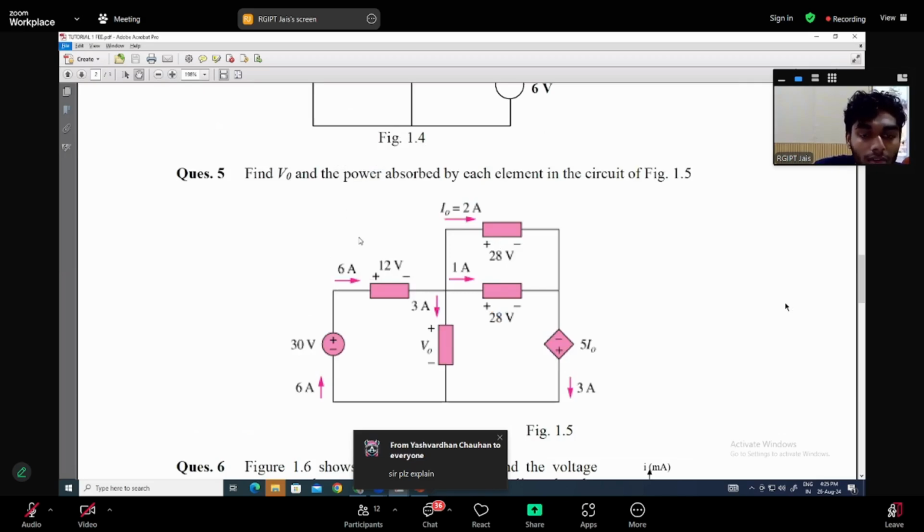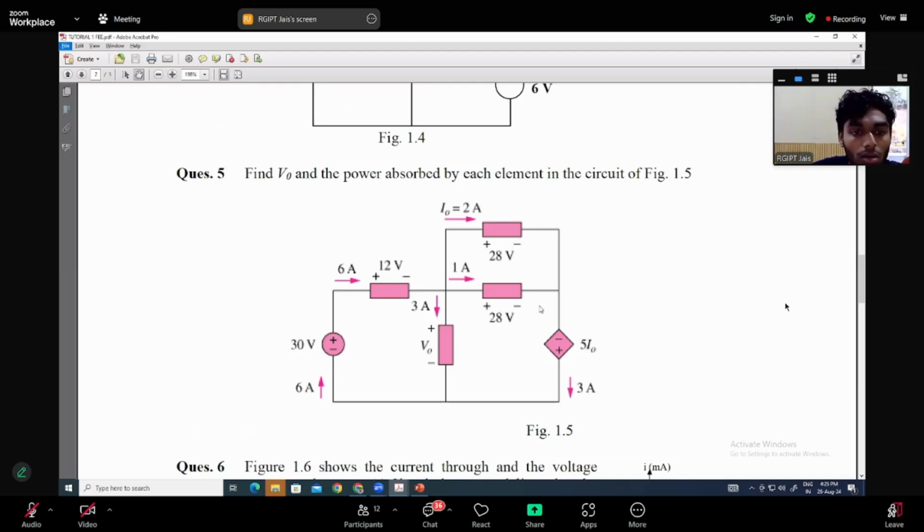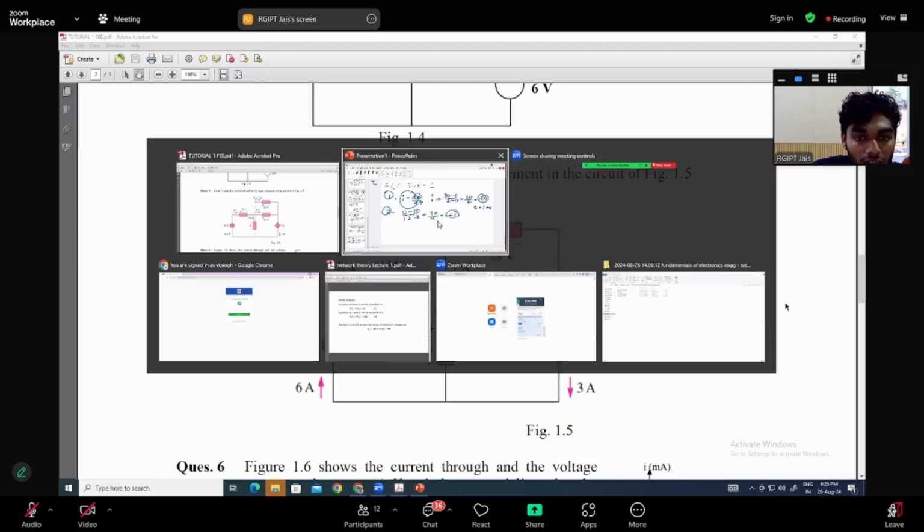If you have this circuit, open this, or else you draw this. I don't know whether you have got this or not. If not, you can draw it. So I'm getting into the explanation part.